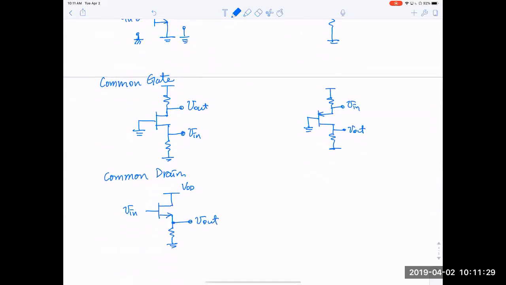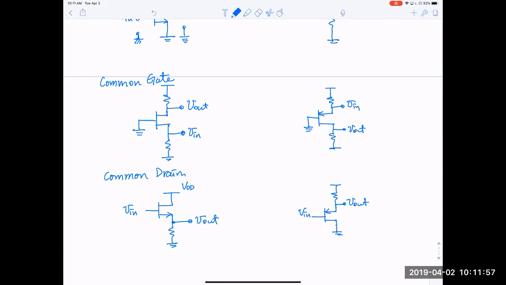Common drain will be similar, okay? And there is a need for both, actually. That's the power of CMOS, not only for digital circuits, but for analog circuits as well. So the output will come out here.